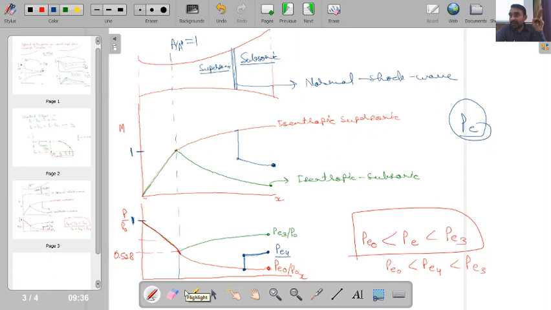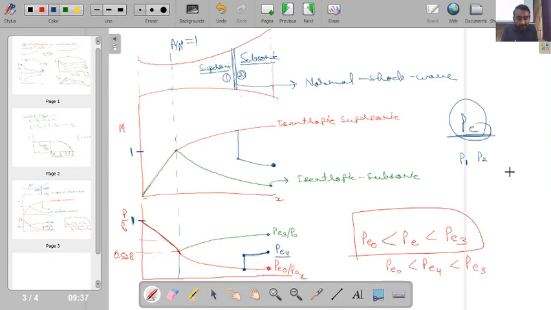Okay, so now we have to see how to control the location of the normal shock wave. Just ahead of the normal shock wave I will be having some pressure. Say this is my point 1, this is my point 2, in the upstream and downstream of the shock wave. In the upstream of the shock wave I will be having some pressure P1. In the downstream of the shock wave I will be having some pressure P2, and then from P2 to PE I will be having some pressure recovery.